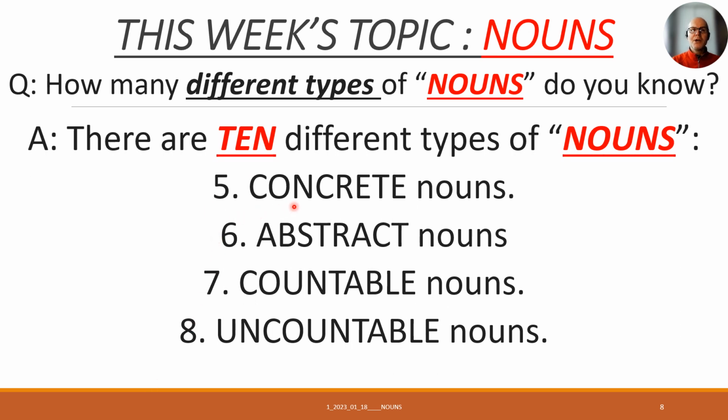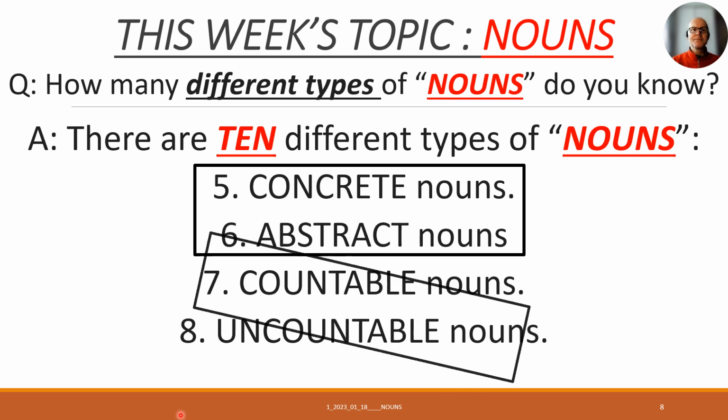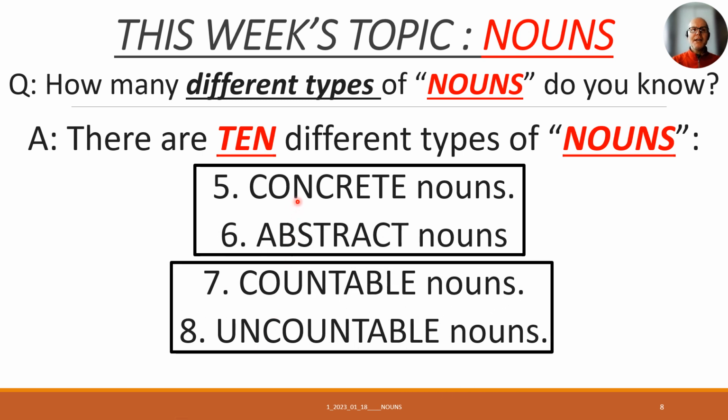There are also concrete nouns, abstract nouns, countable nouns and uncountable nouns. Concrete nouns and abstract nouns are opposites, and countable nouns and uncountable nouns are opposites.